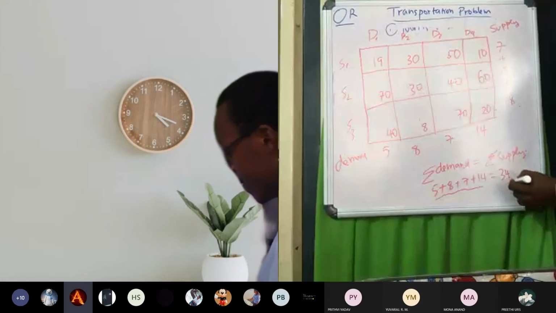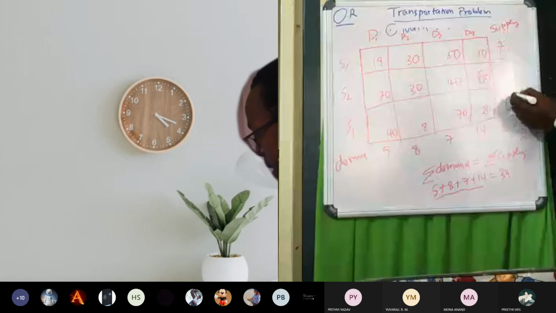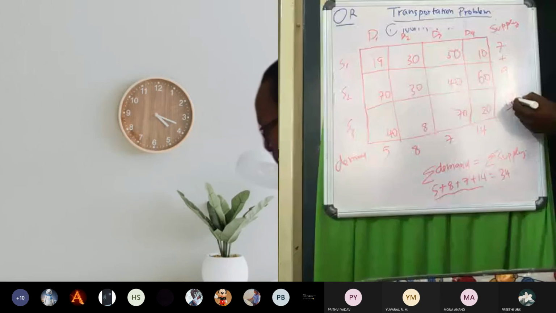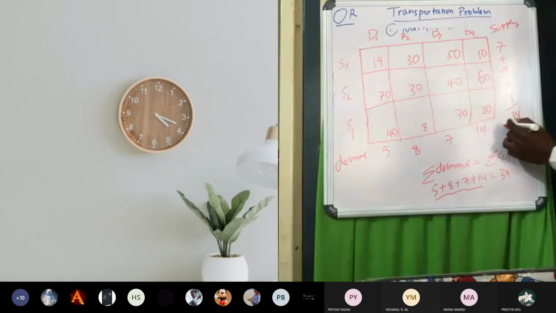Clear? 34. What is the value for this one? Same, 34, right? 25, 9, 34. Balanced.